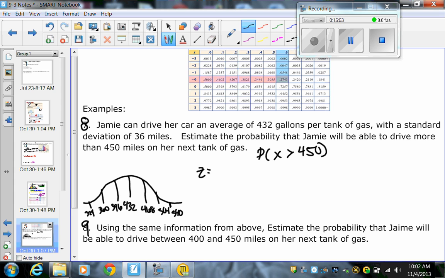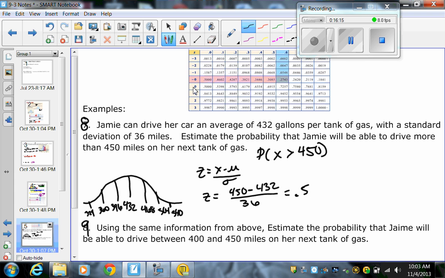So my z is equal to my number minus my mean divided by my standard deviation. So z equals the number, which is 450, minus the mean of 432, divided by the standard deviation of 36, which will give me a z-score of 0.5.